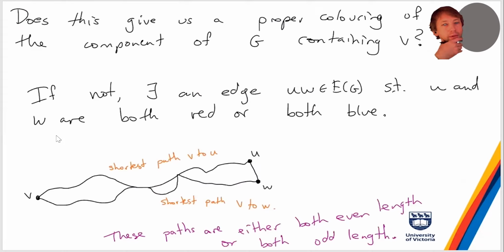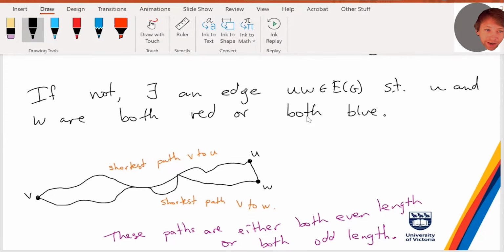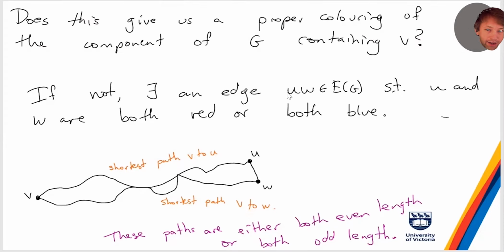Now, is this a proper coloring? Well, if it isn't, then there's a pair of vertices U and W that get the same color and are adjacent. So either U and W are both red, or they're both blue, and there's an edge from U to W. I want to get a contradiction.